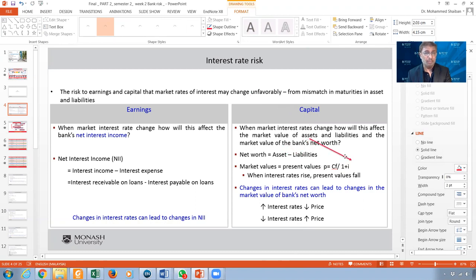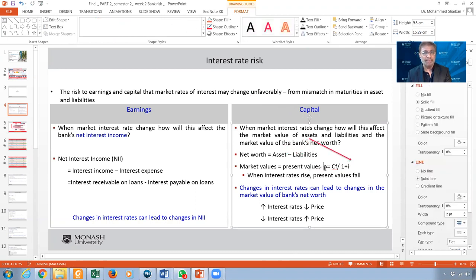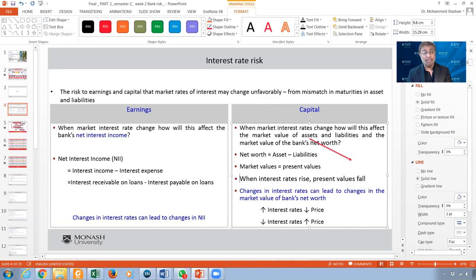And this is the impact of the increase in the interest rate on the capital. Since my capital or equity is the difference between the market value of the assets and the market value of the liabilities, the market value of the assets will drop, and the market value of the liabilities will drop also, but if there is no matching, this will impact my net worth.